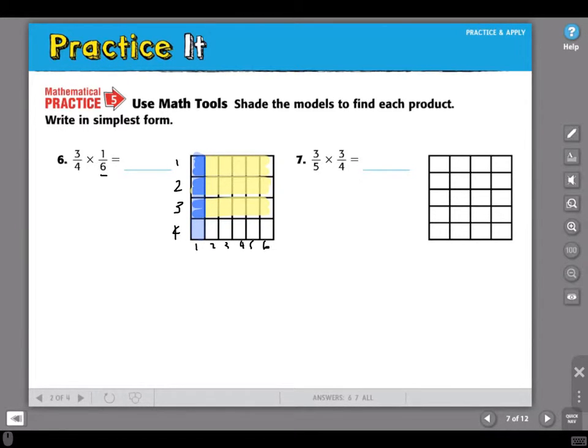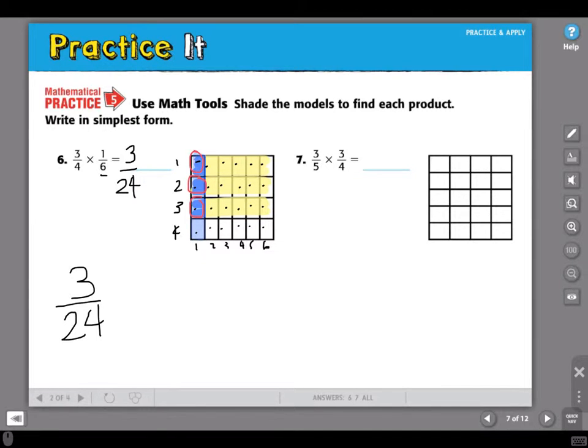How many sections are overlapping? I've got 1, 2, 3. So I know my numerator is going to be 3. How many total sections did I create? 1, 2, 3, and so on up to 24. 3/24.